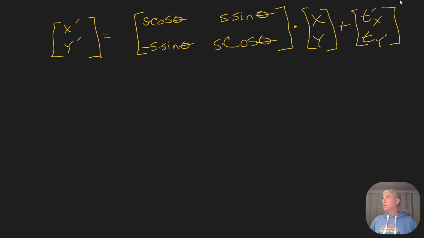So we have one scale, that's the S. Our matrix performs one rotation. Notice that theta, we just have one rotation angle. And then we have a translation in the x direction and the y direction. So two translations.